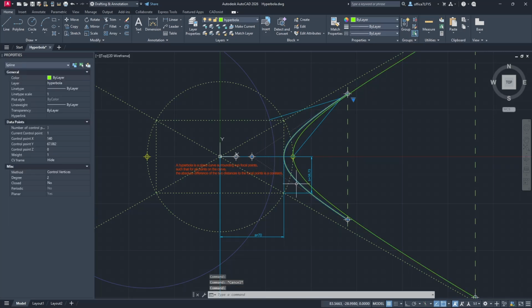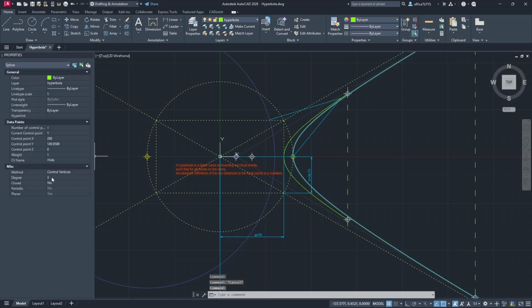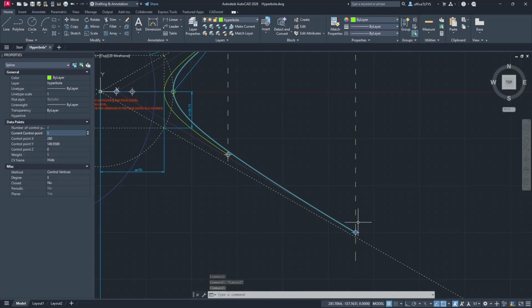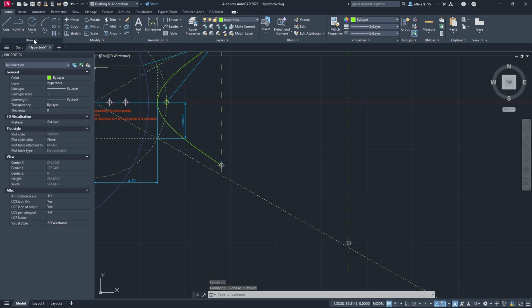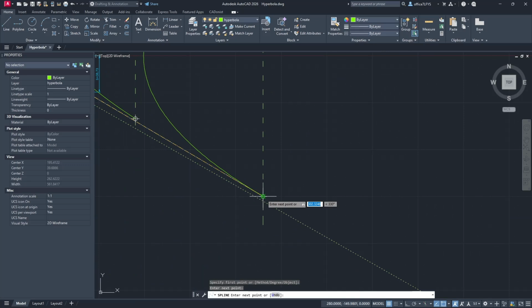For these constructions with ellipse, parabola, and hyperbola, the spline must always have 3 control points. And the degree of the polynomial curve must be 2. The mistake was likely caused by overlapping points. Repeating the spline command correctly, selecting 3 control points and confirming with Enter, gives us the right shape.